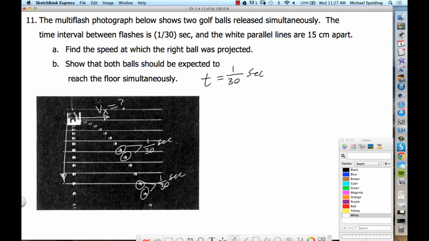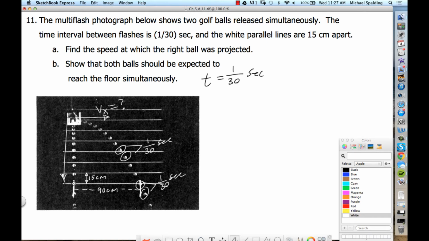The other thing we're told is that the distance from white line to white line is 15 centimeters. So what I did is I got a ruler out and I measured how far it was from here to there, right? So what I figured out is that this is 90 centimeters. Okay, how did I figure out that that was 90?